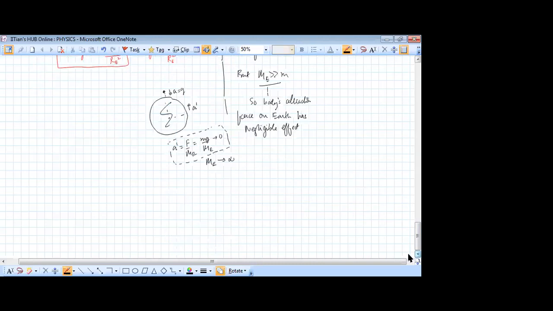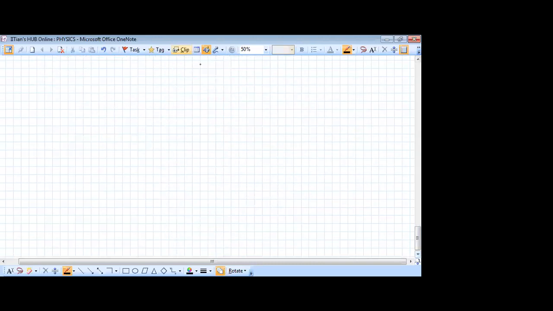Okay, so those are the three laws. Now, most of this chapter is going to be about application of Newton's second law. So let's look at some examples of applications of Newton's second law again.